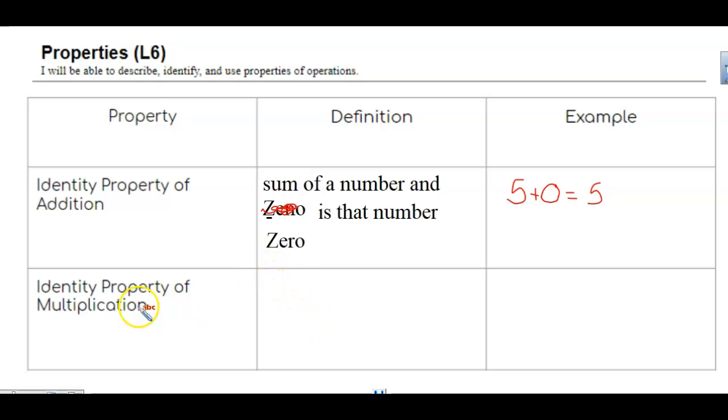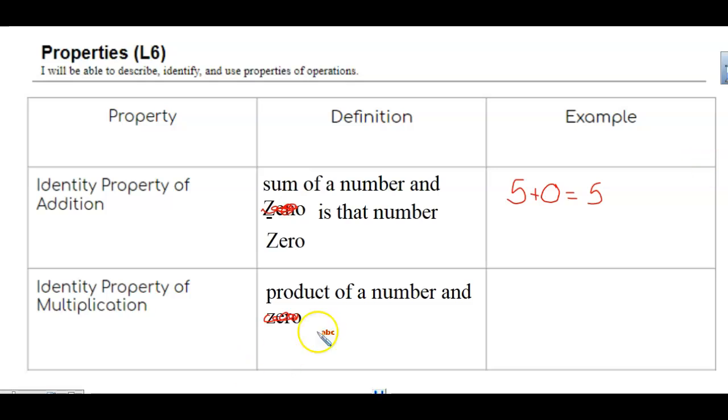Over here, identity property of multiplication is the product of a number and, oops, not 0. Miss West made a mistake. Not 0. I was so worried about the 0 from before.